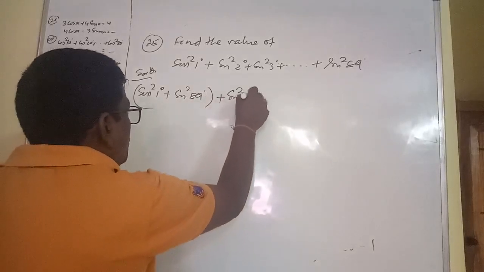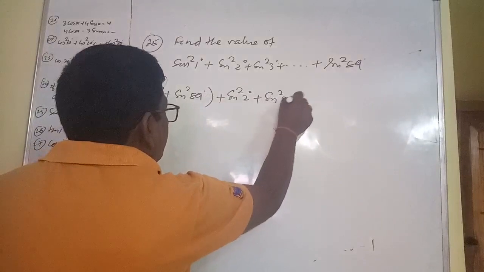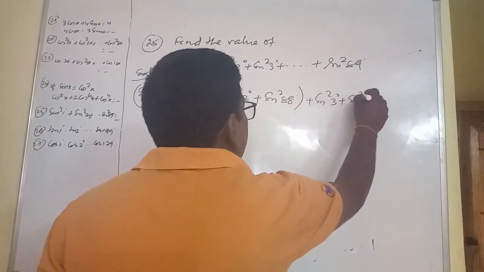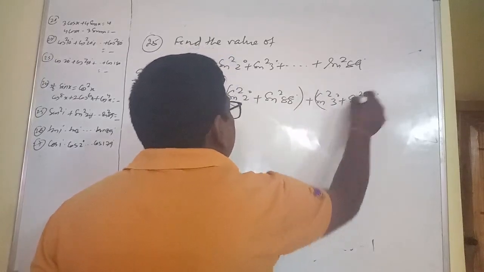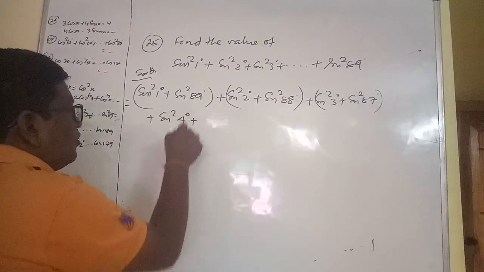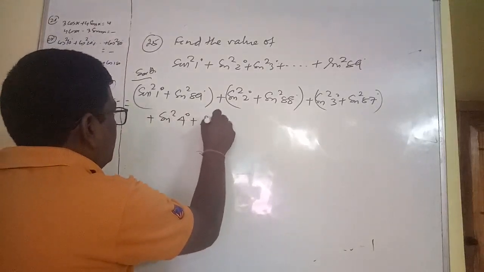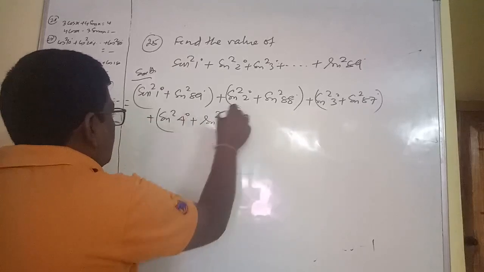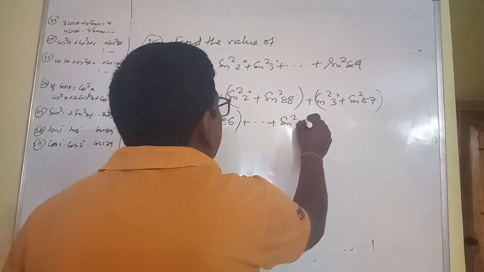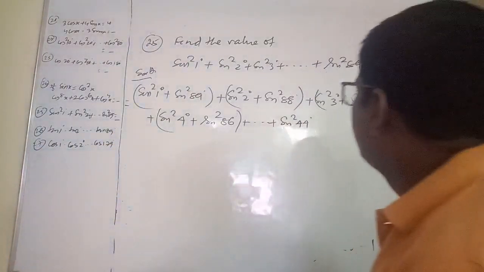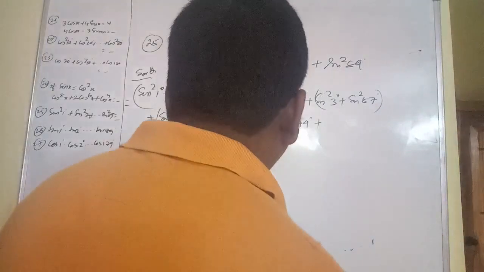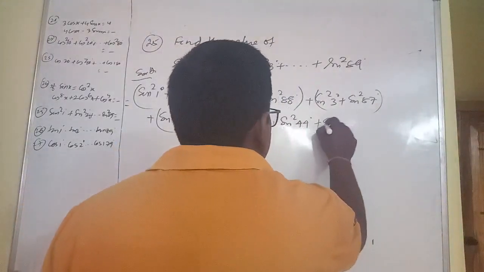Similarly sin square 2 plus sin square 88, sin square 3 plus sin square 87, sin square 4 plus sin square 86, like this up to sin square 44 plus sin square 46, since the total should be 90.